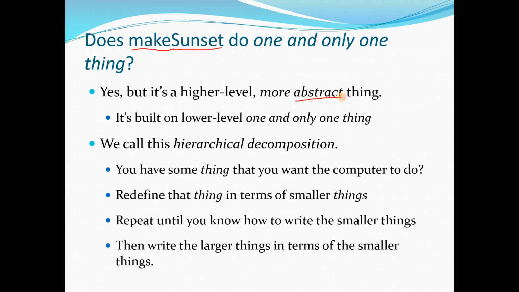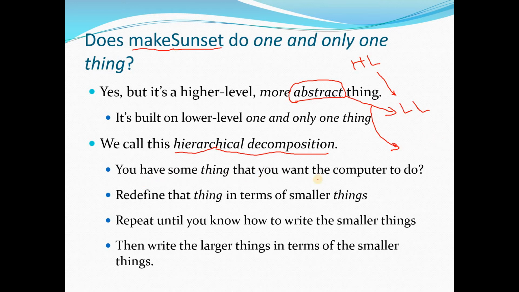At the abstract, high level, we are doing only one thing, but hierarchical decomposition is a method where we divide this high level problem into smaller low level problems. Each smaller low level problem will do some small task. Hierarchical decomposition means to divide the high level tasks into low level smaller tasks.